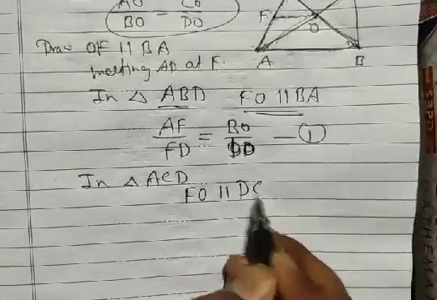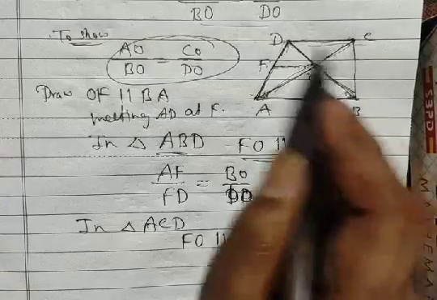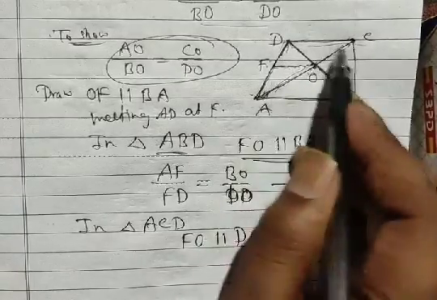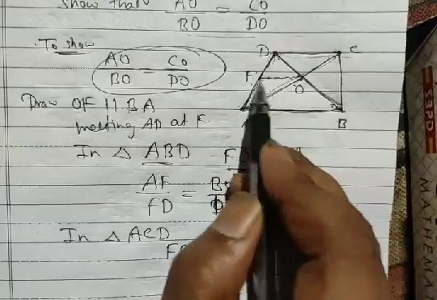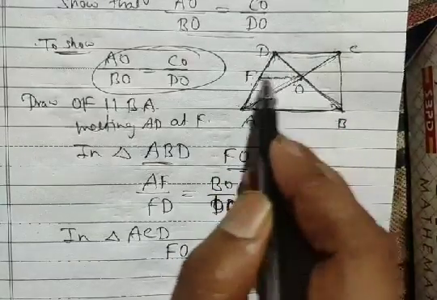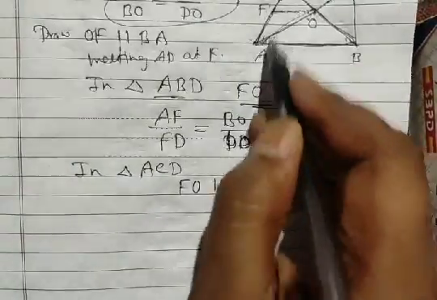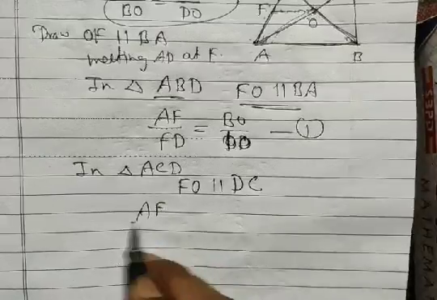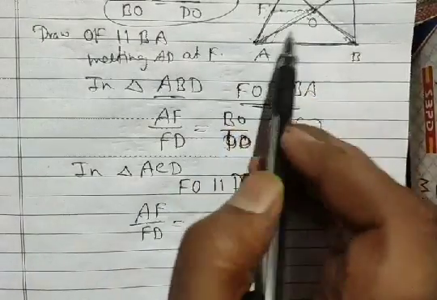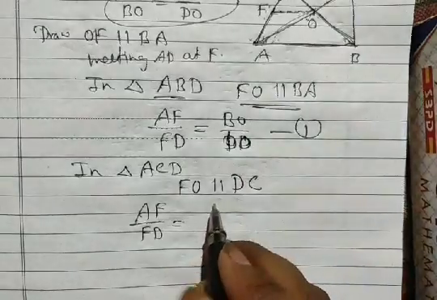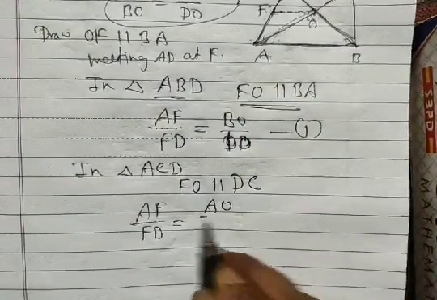We have AF is to FD equal to AO is to CO.